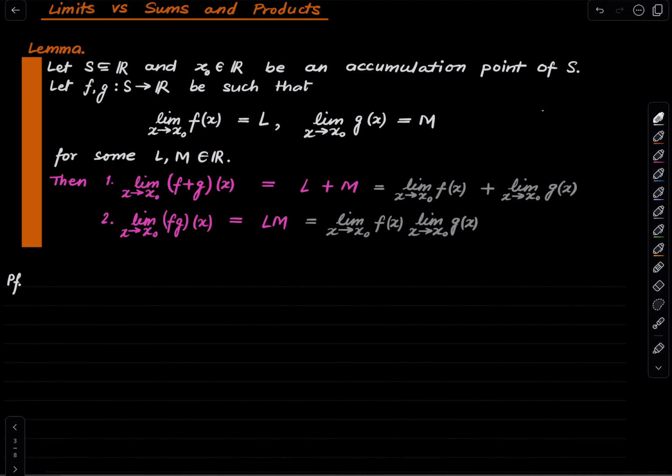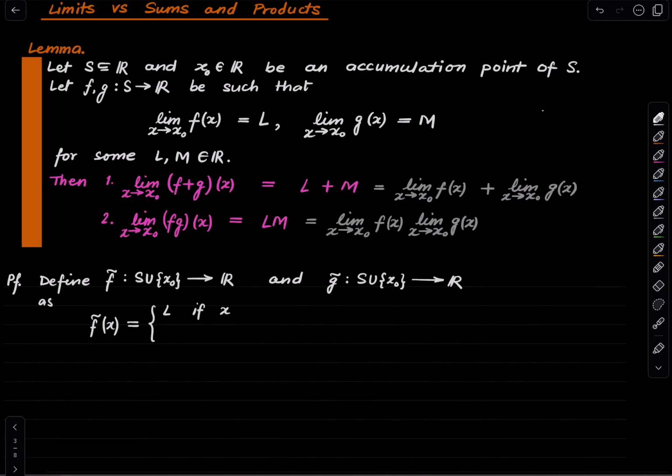So define f tilde and g tilde as you can guess. At x0 it is the limit of the function f as x approaches x0, and apart from that it just mimics the function f. And a similar definition for g tilde.